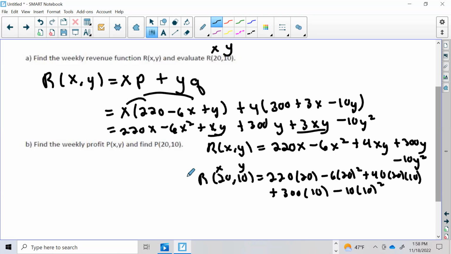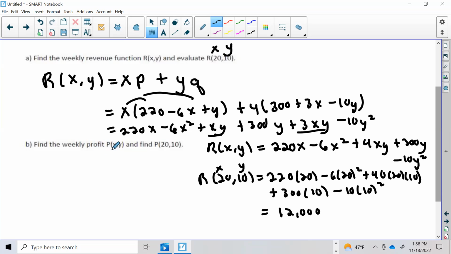And then we can just evaluate this in our calculator. Okay, and so I got the revenue is 12,000. Again, when x is 20 and y is 10. Okay, so that's my revenue.